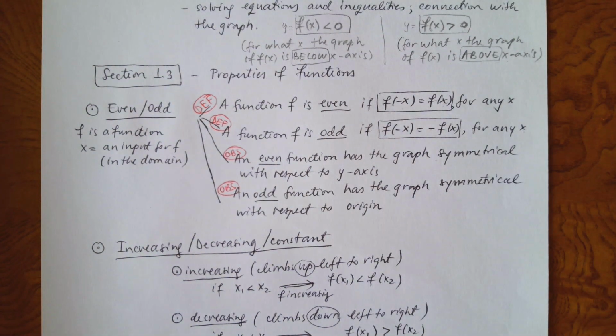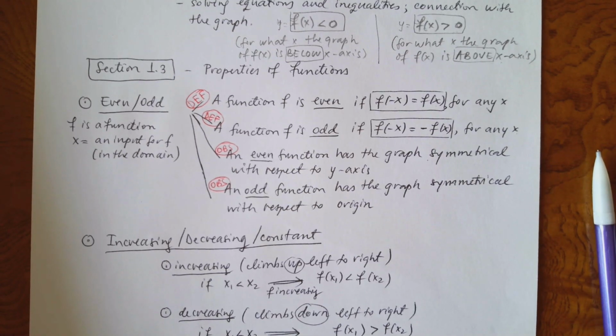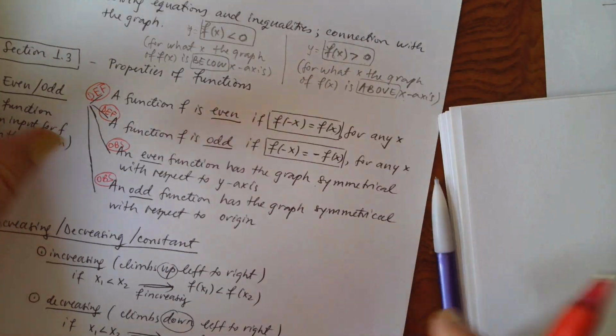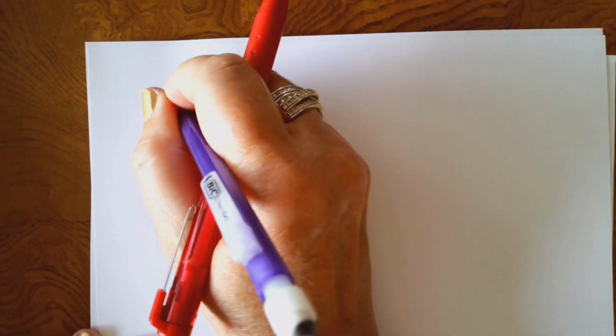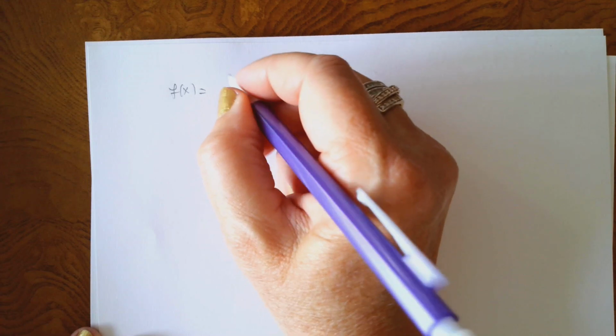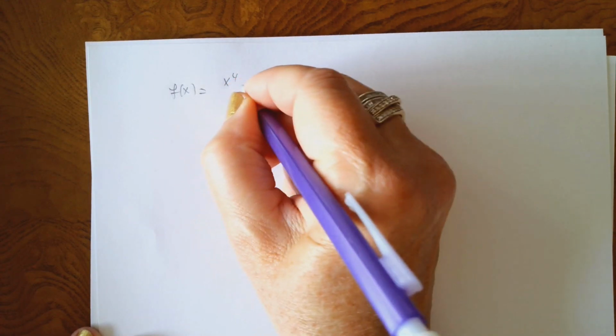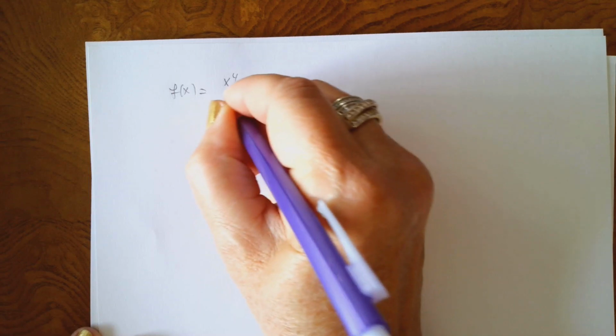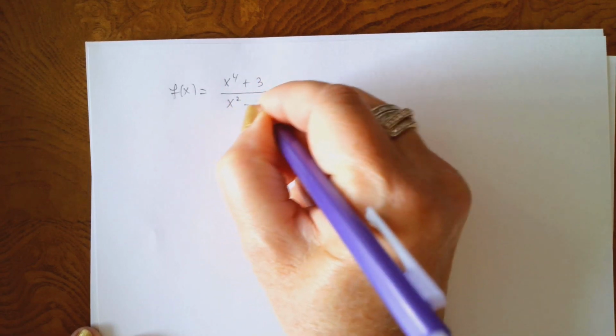So let's pick an example here. Okay, so let's see. Imagine that I have this equation: f of x equals x to the power of 4 plus 3 over x to the power of 2 minus 1.